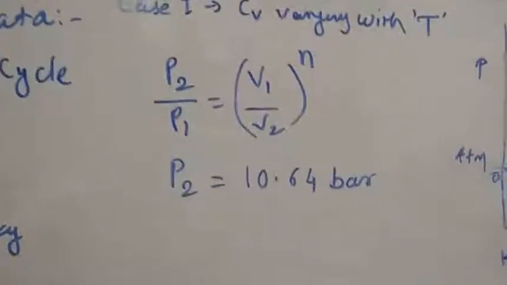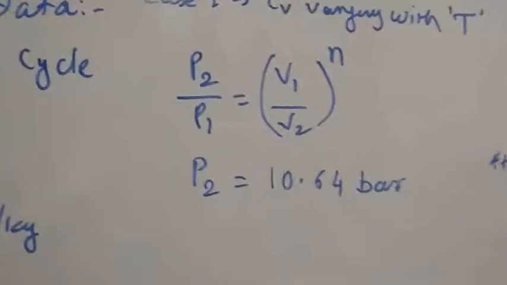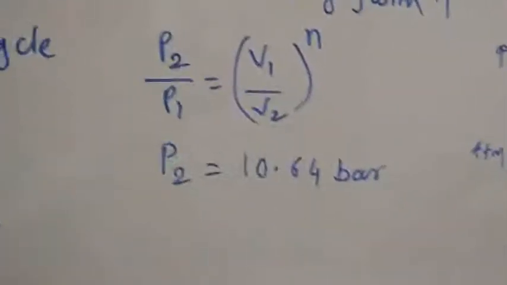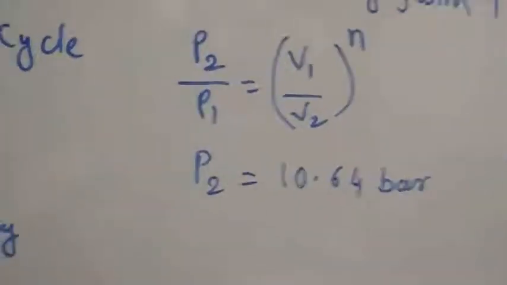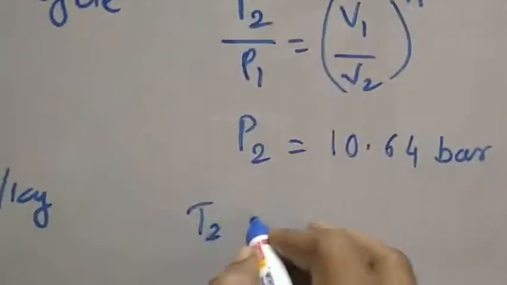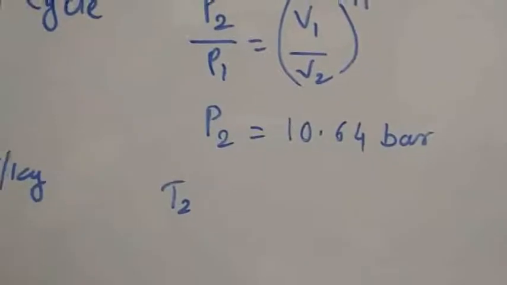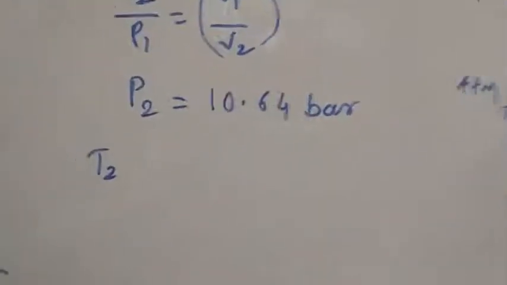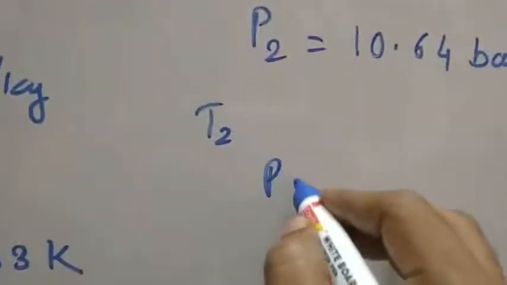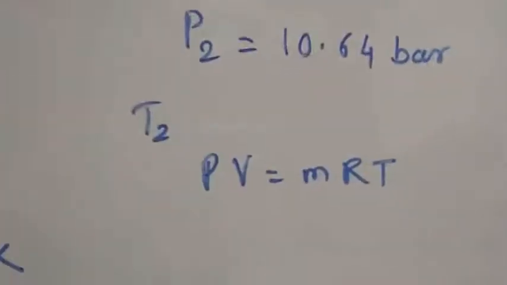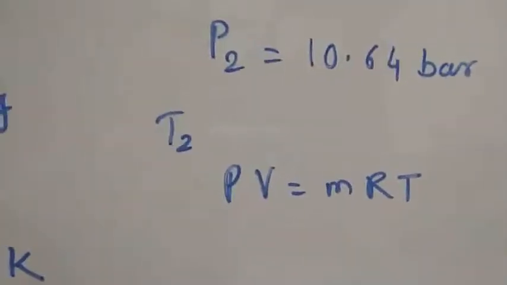Now we will find the temperature at point number 2, that is T2. For this I'll use the ideal gas law, PV is equal to MRT, applying it for point number 1 and point number 2.